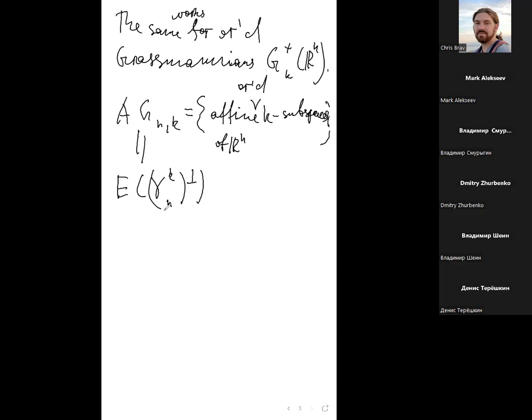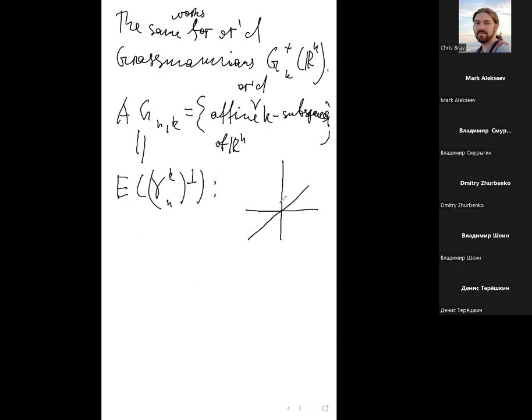So let's see. What is the orthogonal doing? Well, if we have a plane through the origin, then all possible affine planes with the same tangent space are parameterized by the orthogonal complement. Basically, you translate in the orthogonal direction.